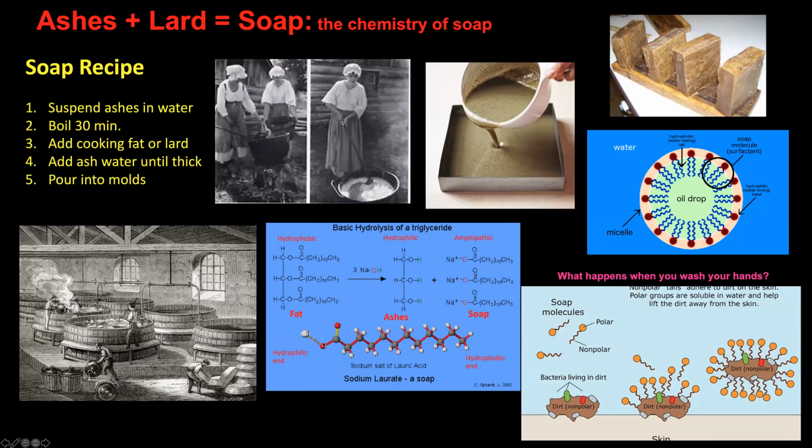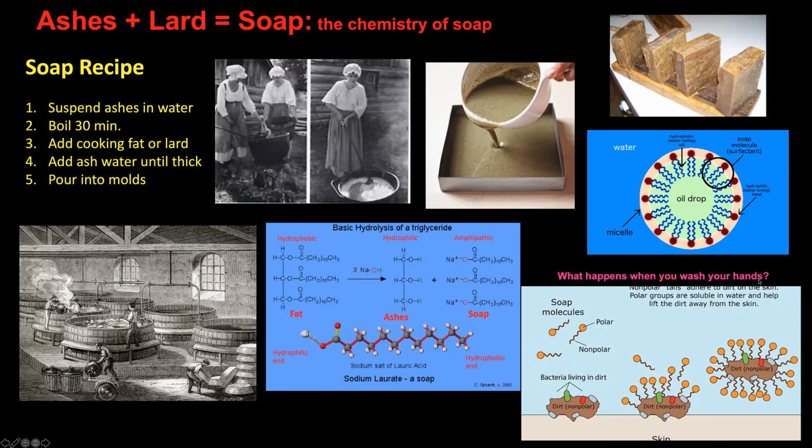If we look at the structure of an example of a soap, sodium laurate, you can see that in the space-filling model, it has this hydrophilic end, one end, and a hydrophobic tail at the other end. So this is the chemistry of how a soap is made.